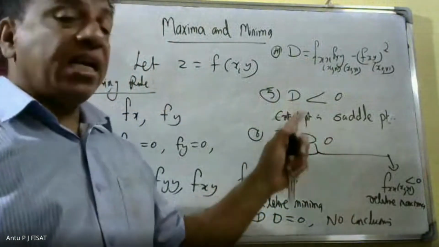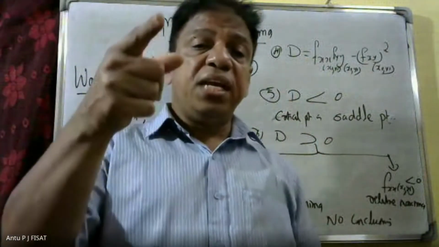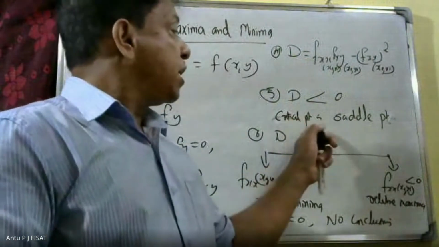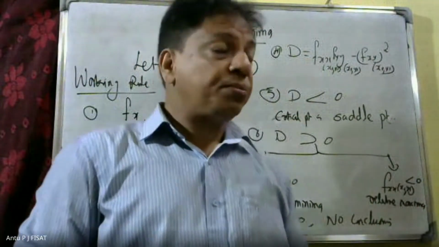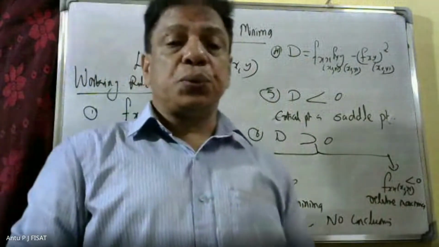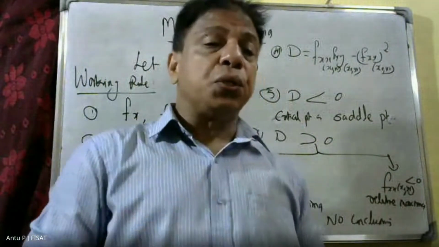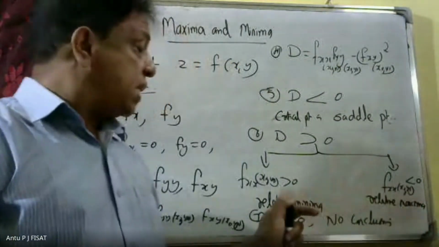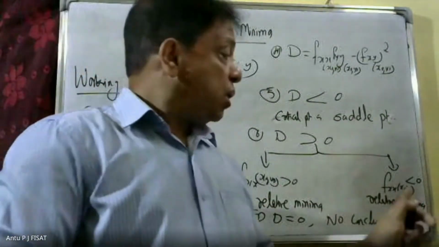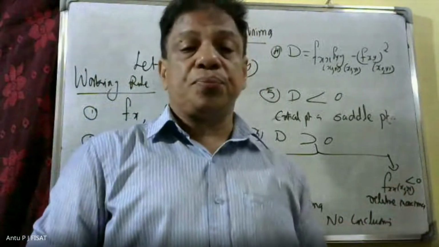If D less than 0, the critical point is a saddle point. D greater than 0. When D greater than 0, two cases, fxx(x0, y0) greater than 0, fxx(x0, y0) less than 0.